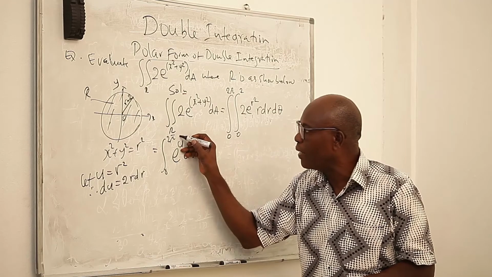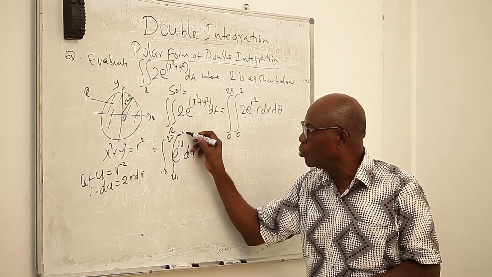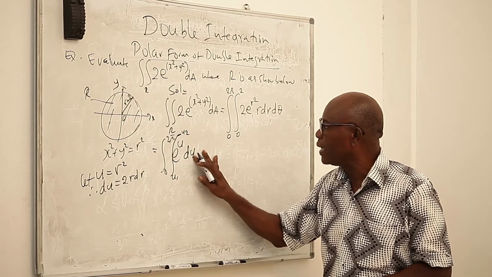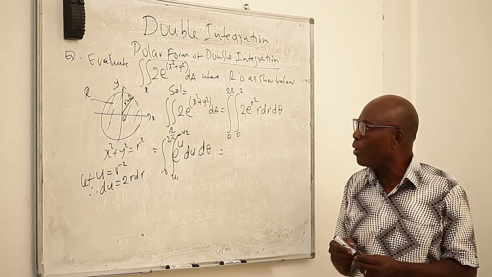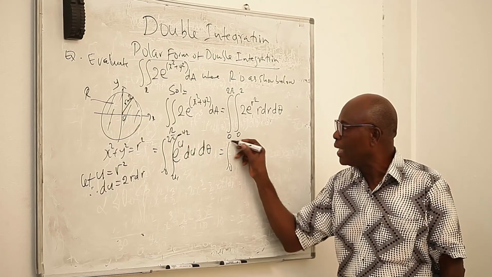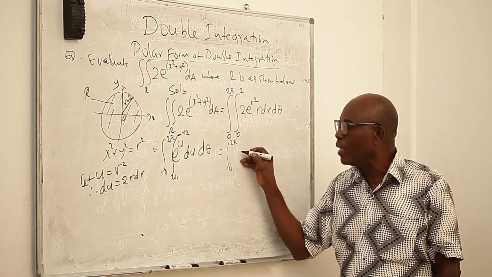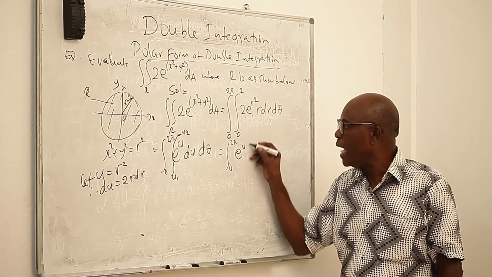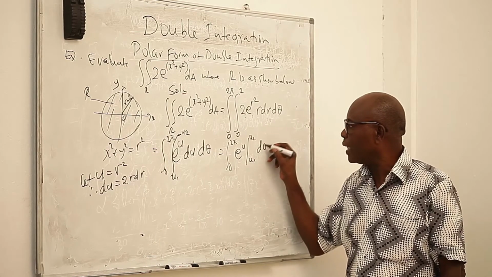So we integrate this one from u1 to u2, and when we finish, we integrate with respect to theta. Now if you are integrating e^u du, we get the same thing, e^u, with the limit from u1 to u2, dθ.